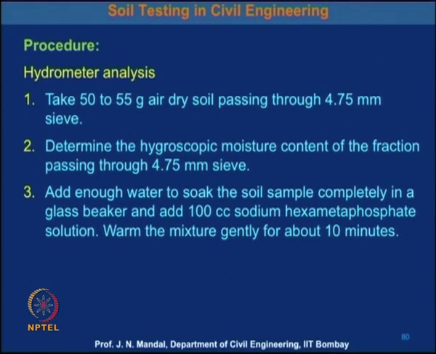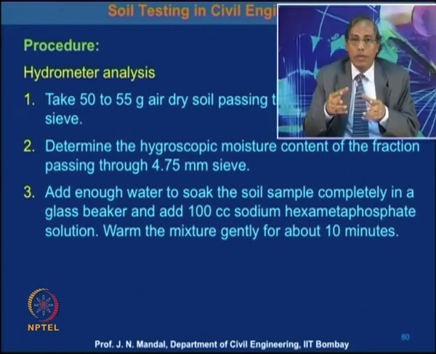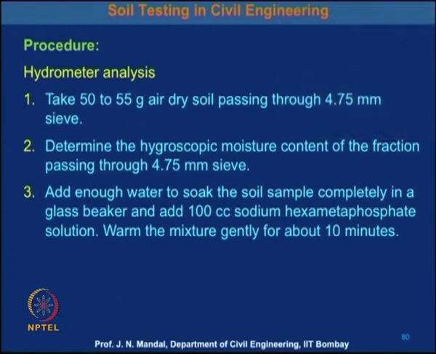You know how to determine the hygroscopic moisture content. Then add enough water to soak the soil sample completely in a glass beaker and add 100 cc sodium hexametaphosphate solution. Then warm the mixture gently for about 10 minutes.